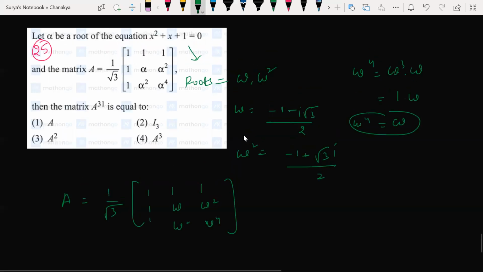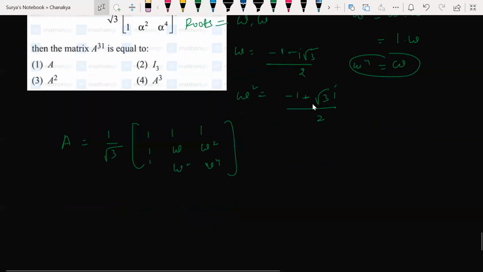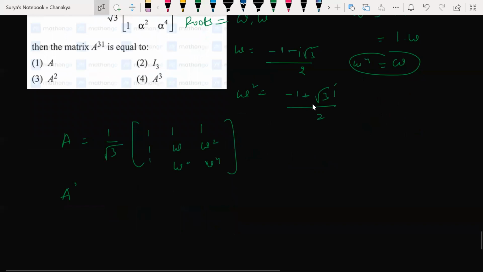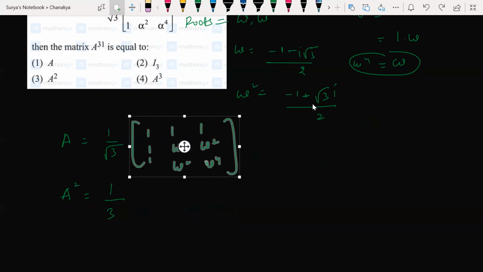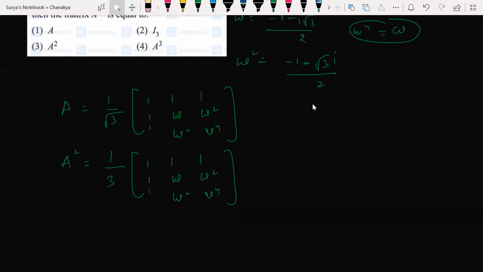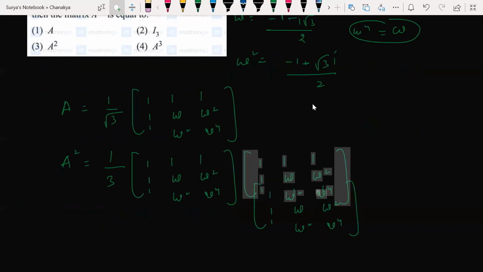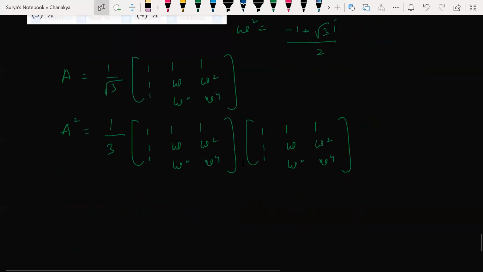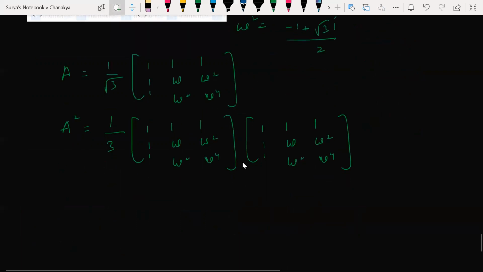Now look at this here. We need A to the power of 31. So A to the power of 31, beta, look, we will first do A square. A square gives 1 by 3 into, let me copy this matrix, one second, this matrix into this matrix, correct? A square is this matrix into A into A. So 1 by 3 multiply this.